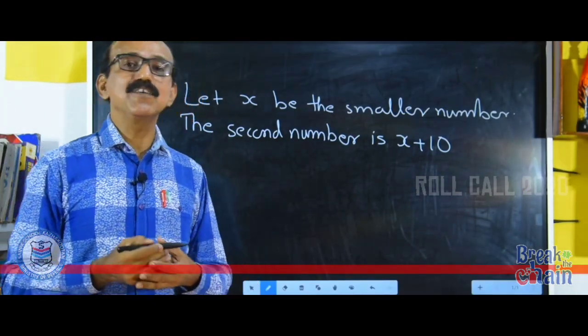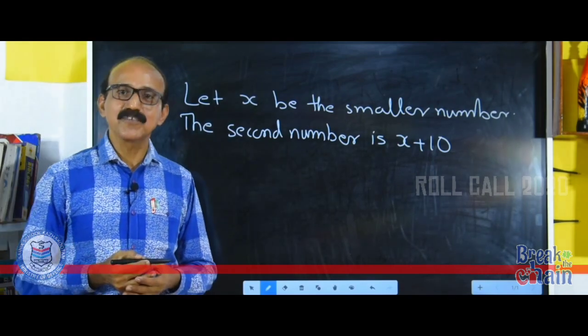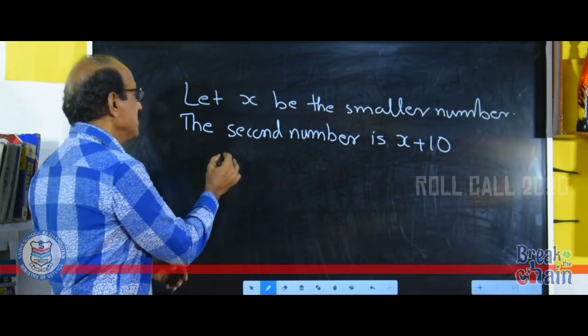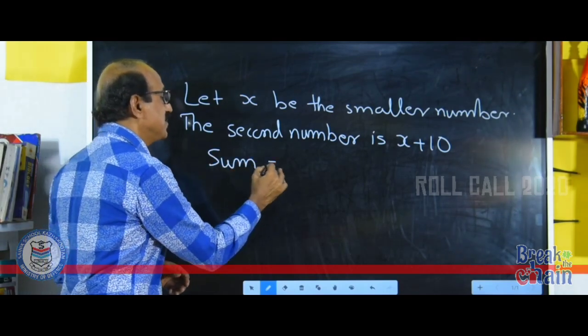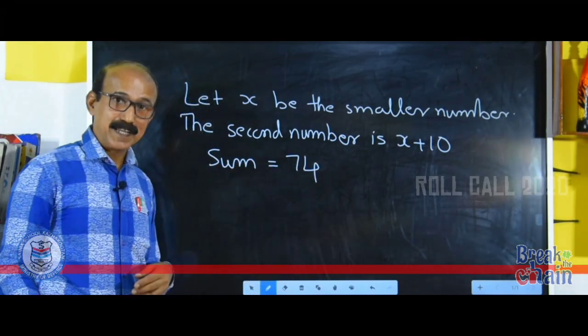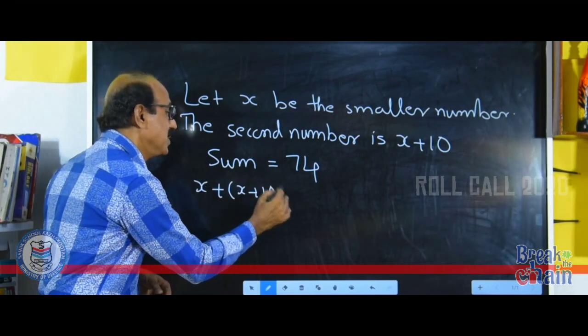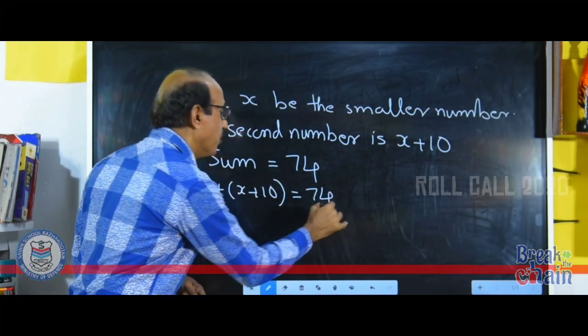So, if you take the first number as x, naturally the second number becomes x plus 10, and also given that the sum of the numbers is equal to 74. That means the sum of x and x plus 10 will give you 74.